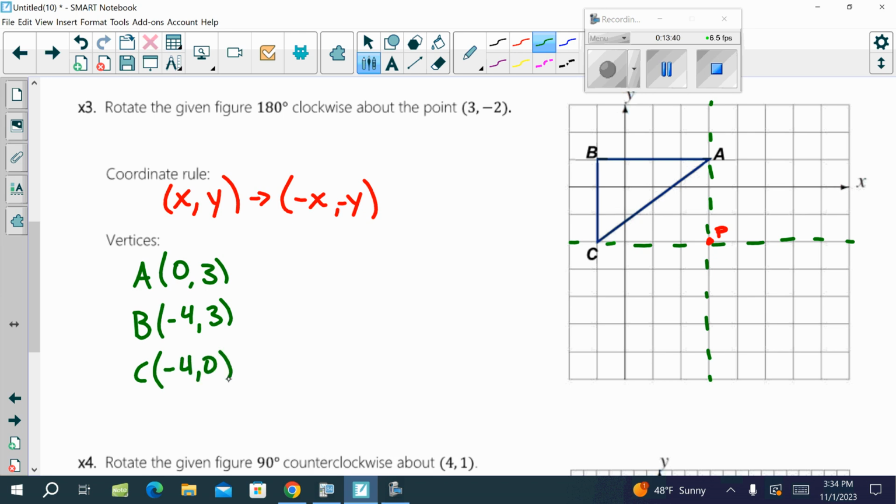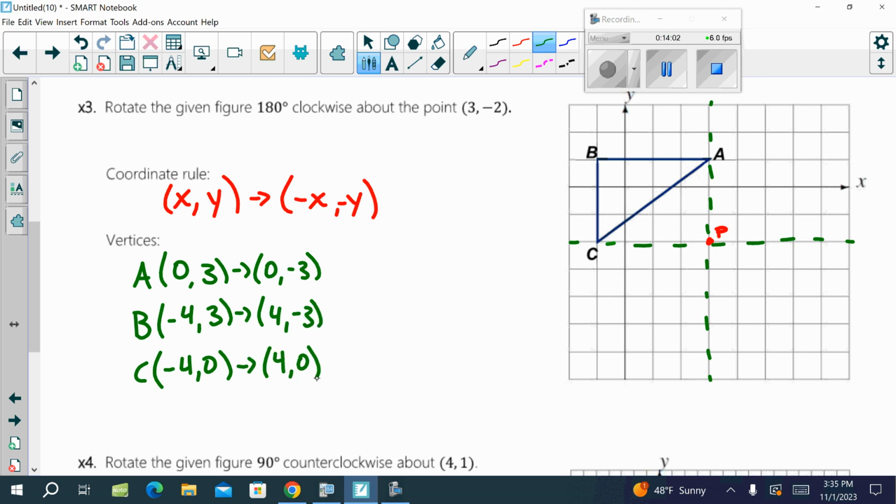Okay, so you would draw your new origin, a new x and y axis, and then you apply your rule. Opposite of x, opposite of y would be 0, -3, 4, -3, and 4, 0.